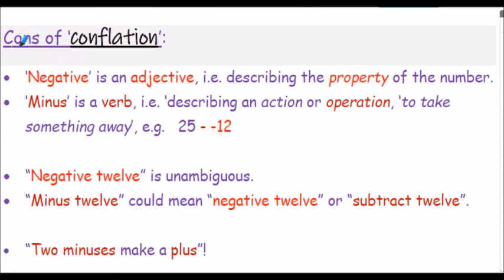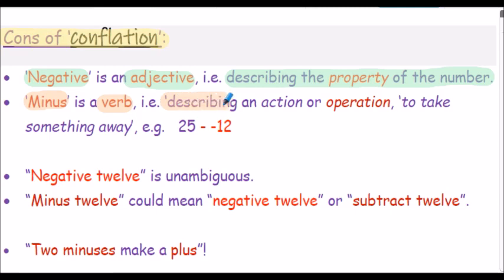However, the disadvantages or cons of the conflation of our terminology relate to the following. The term negative is actually an adjective that describes the property of the number, whereas the term minus is a verb that describes an action or an operation, in this case to take something away.